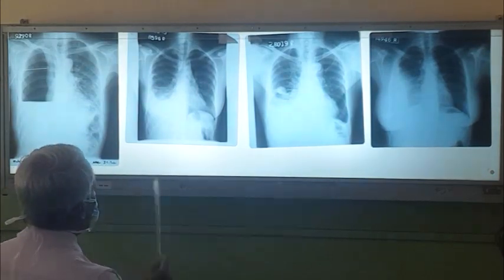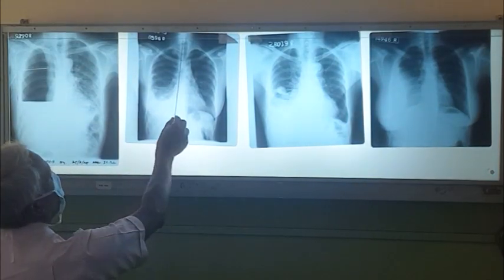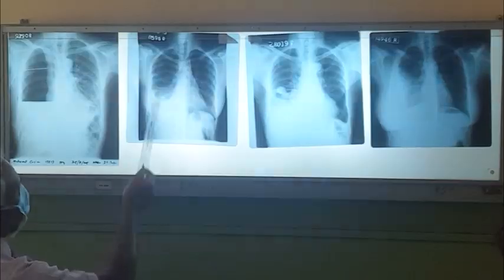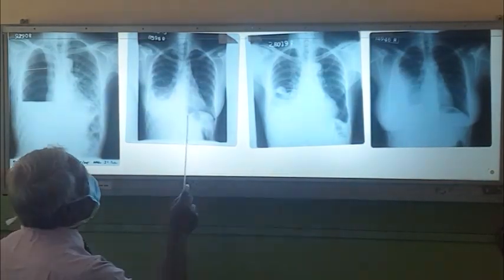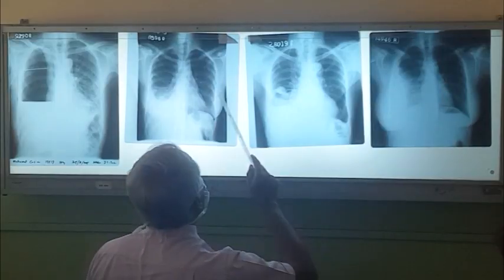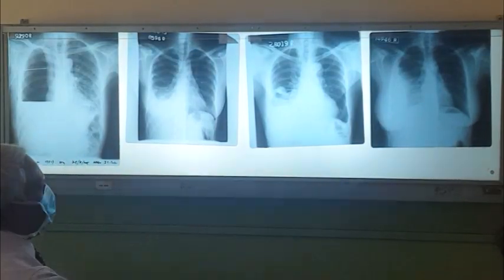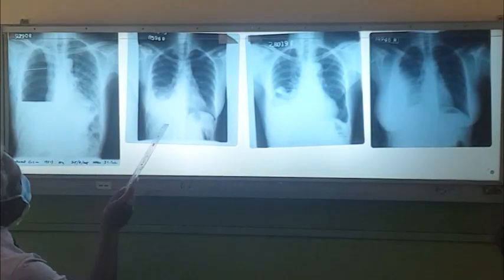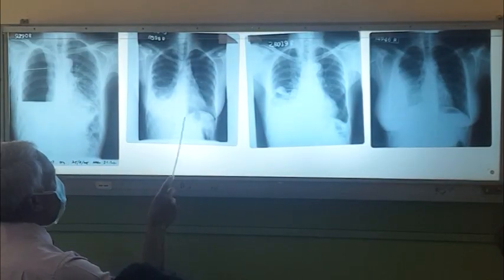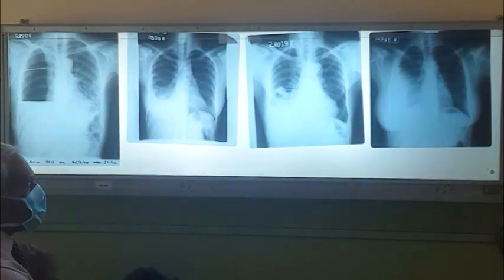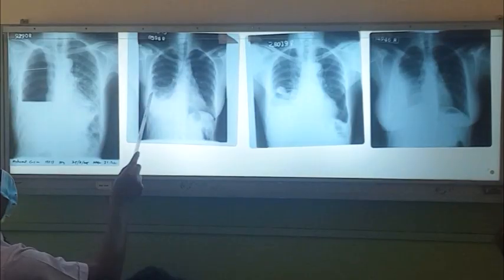Right. This one again is a grossly rotated film, and you can see the whole spine. So this is overexposed, right? But both patients have taken a good breath. So this is done in inspiration, right? And here also you can't see the right hemidiaphragm, because above that there is fluid.